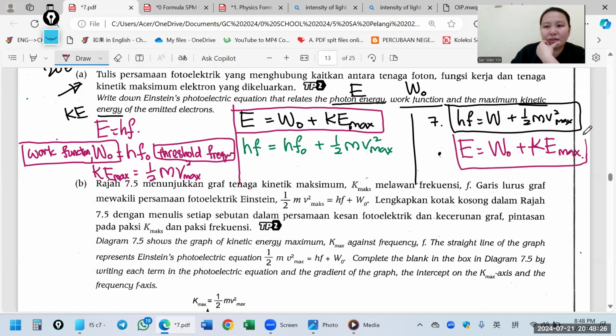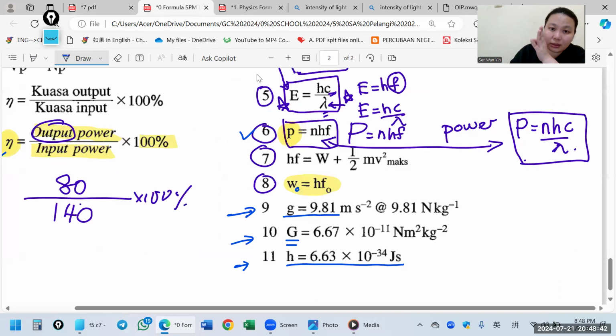I would rather use this as the original formula, but they are giving number 7. So HF is the photon energy. W, I encourage you to put a note here.